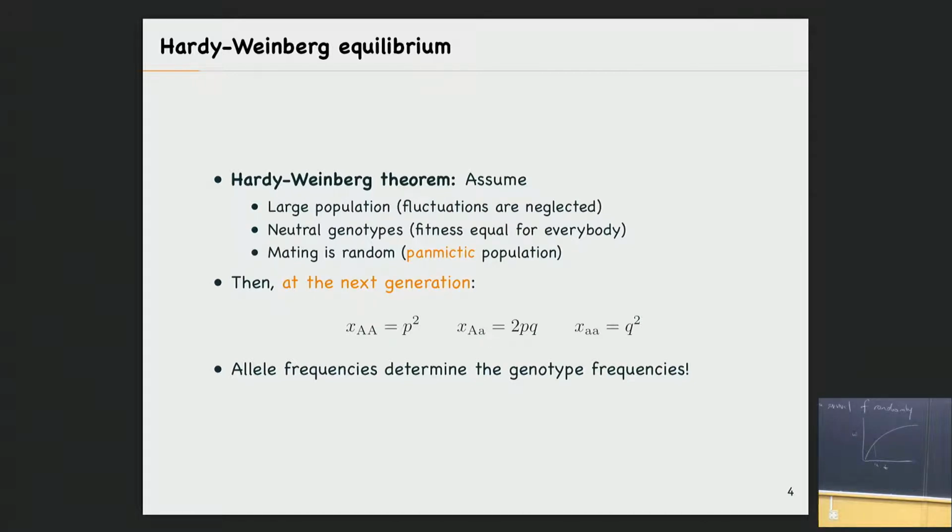And third, which is quite important, is that mating is random. There is no preference for individuals having one genotype to choose and mate with a similar or a different genotype.